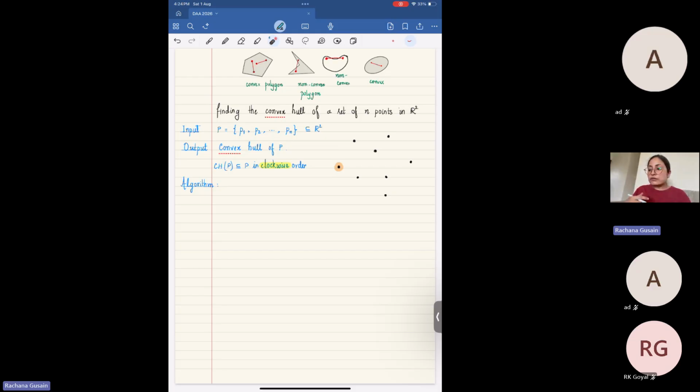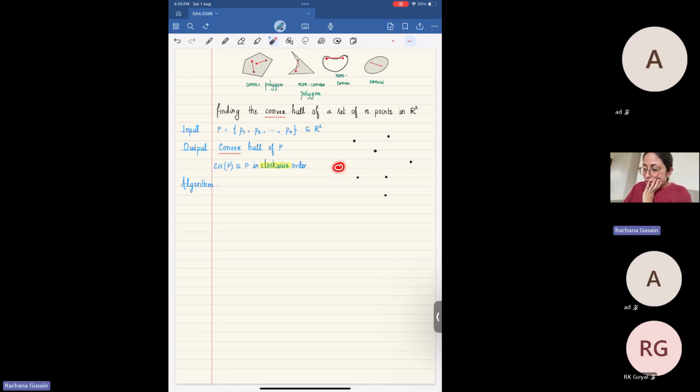In every iteration, so I start with the leftmost point. You can start with the topmost or the bottommost or the rightmost point. So let's say we start with the leftmost point, and then at every iteration, I'm going to find the next point in the clockwise ordering. Okay, so here is the key observation.